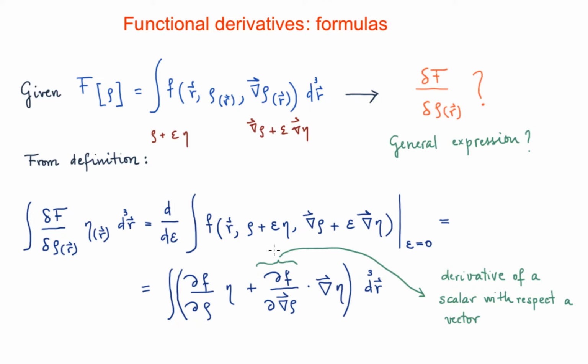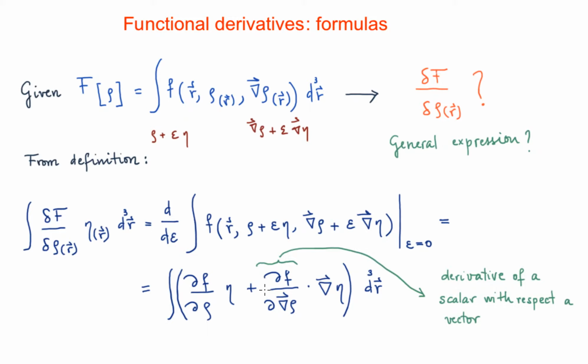So the contribution to the derivative coming from this term will be the partial derivative of f with respect to rho times the derivative of rho with respect to epsilon, which is eta.